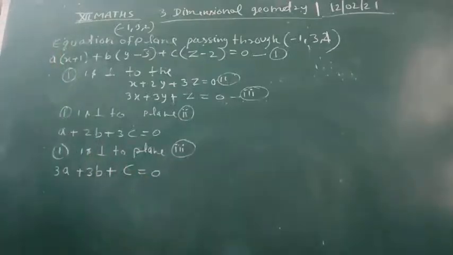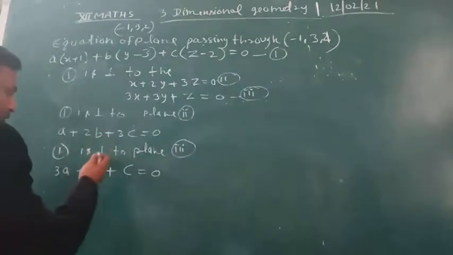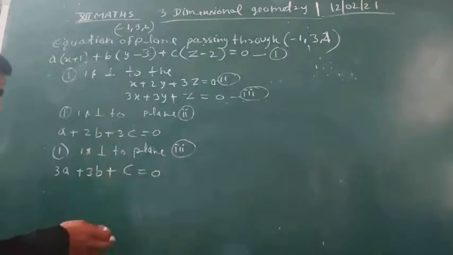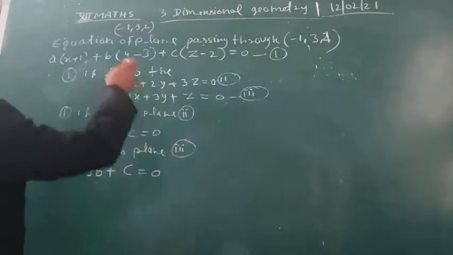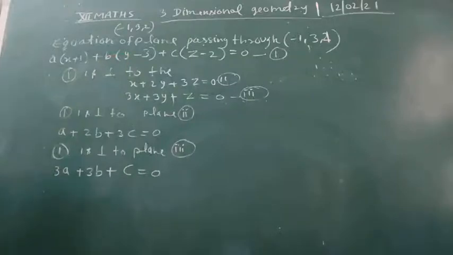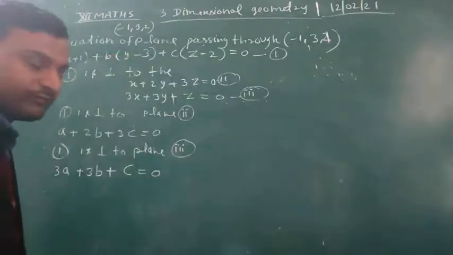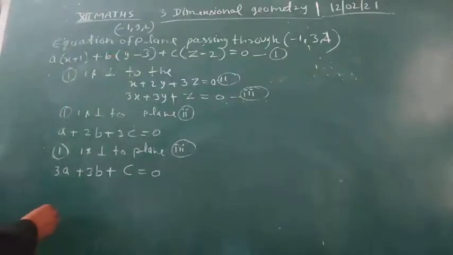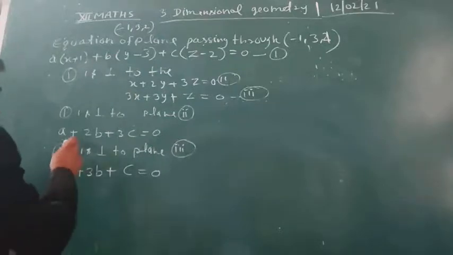Now, students, these are the two equations. We solve these two equations and find the values of a, b, c, and the values of a, b, c we will put in the first equation to get the required result. So now we solve these two equations.